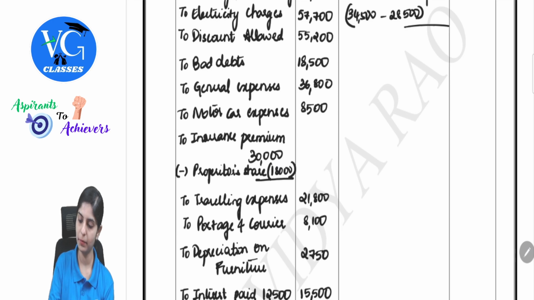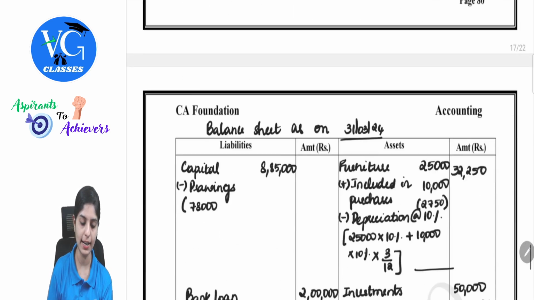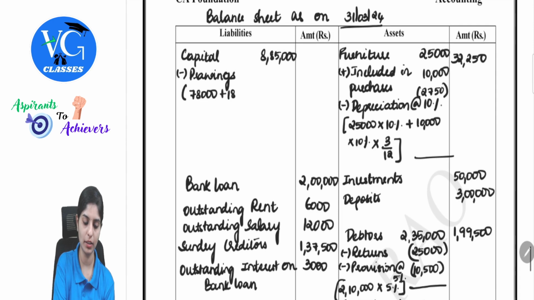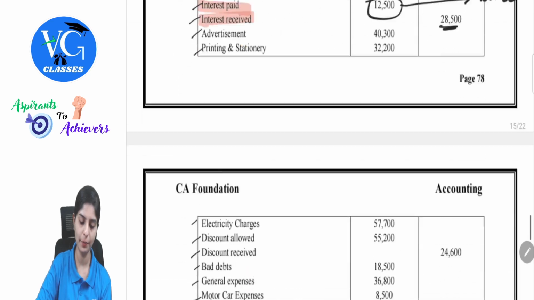So 30 minus 18, 12,000. Since this is in the nature of drawings, it will be added to total drawings, 18,000, making 96,000. So now we have entered all the values.